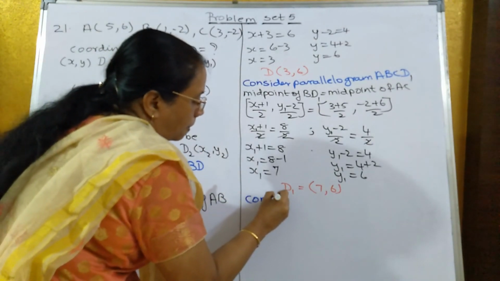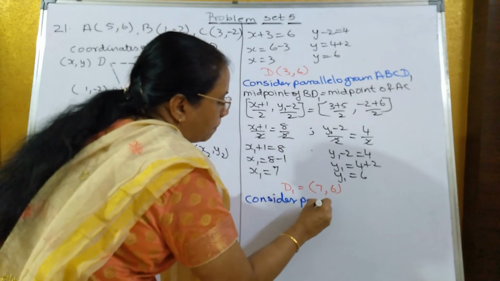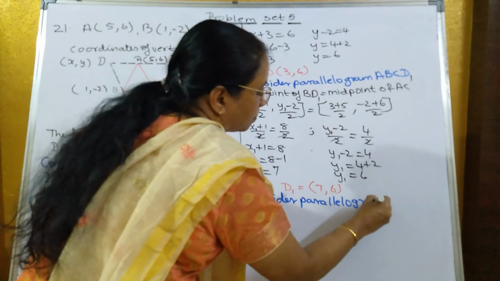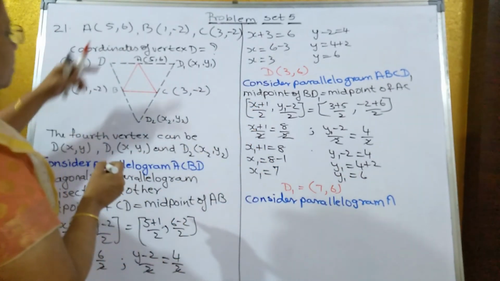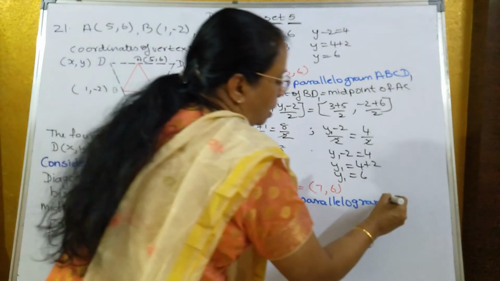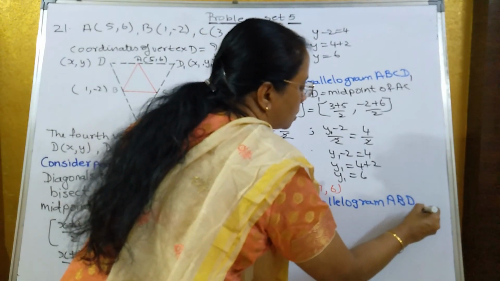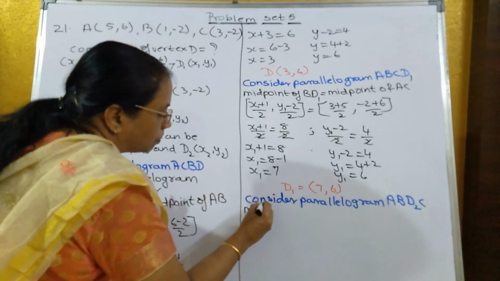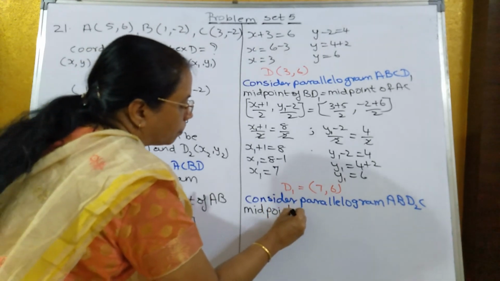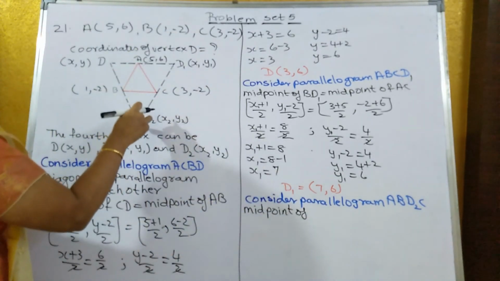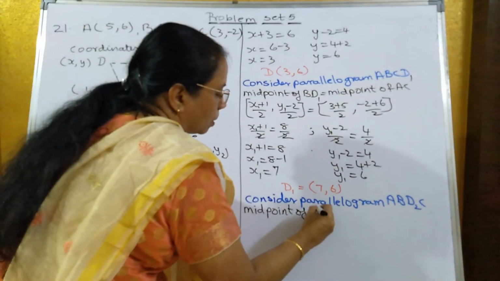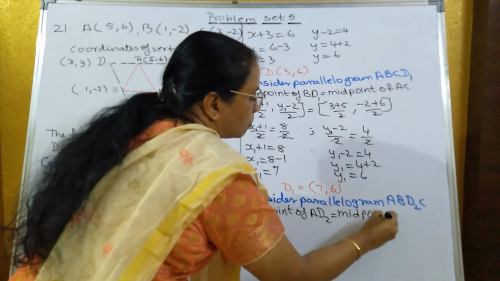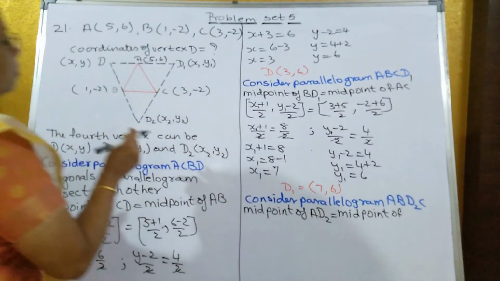Now we will consider this parallelogram ABD2C. Consider parallelogram ABD2C. So the midpoint of AD2 should be equal to the midpoint of BC.